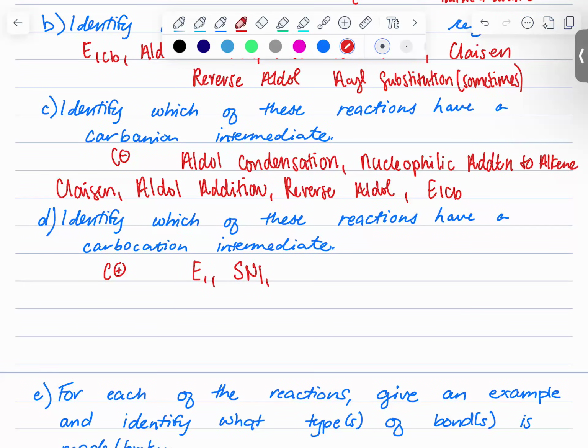What do we call this? Like a fancy name or a very fancy general name? Proton, yes, but not what I'm looking for. To describe if it's electron rich or electron deficient. Electrophile. Yes.